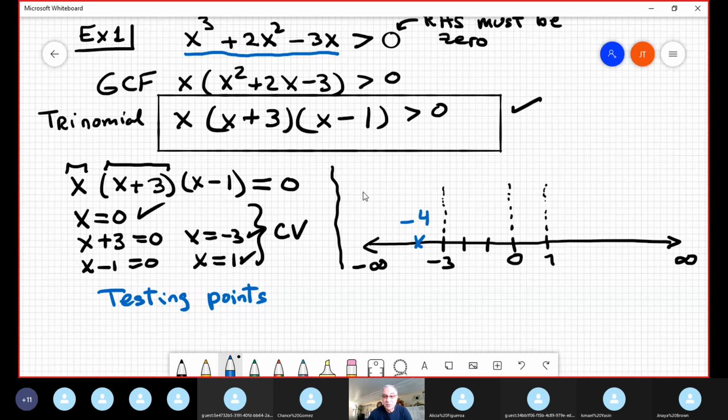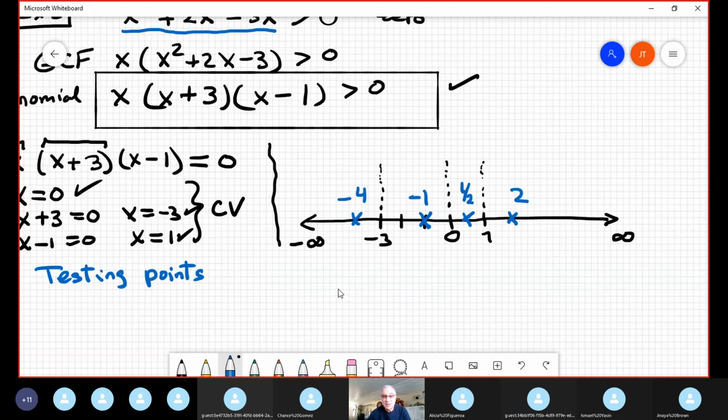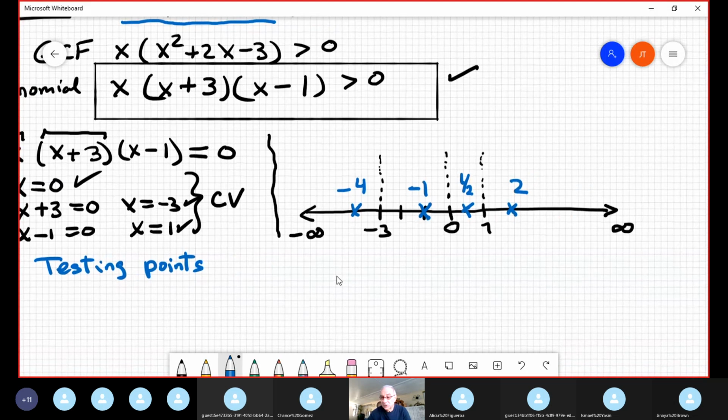Suppose I select another testing point here, 1/2, 0.5. I select another testing point, maybe 2, maybe 3, maybe 4, maybe 5. This is the testing point, and you evaluate it in the original inequality to verify whether it is a true statement or a false statement.